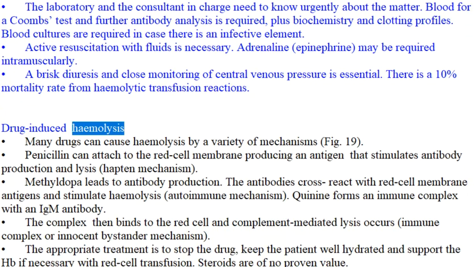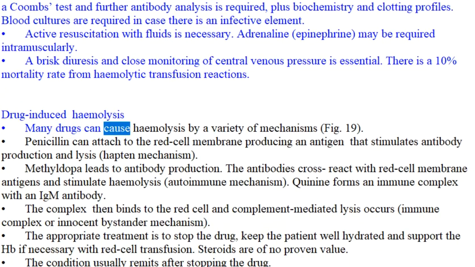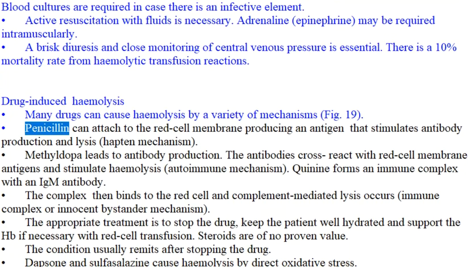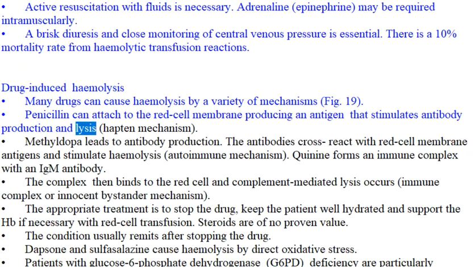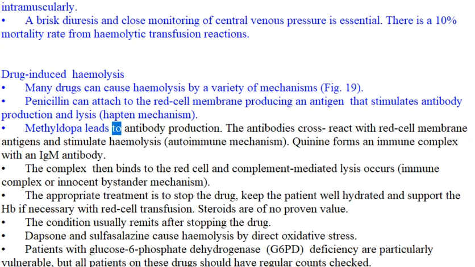Drug-induced hemolysis. Many drugs can cause hemolysis by a variety of mechanisms, Fig 19. Penicillin can attach to the red cell membrane producing an antigen that stimulates antibody production and lysis, hapten mechanism. Methyldopa leads to antibody production.